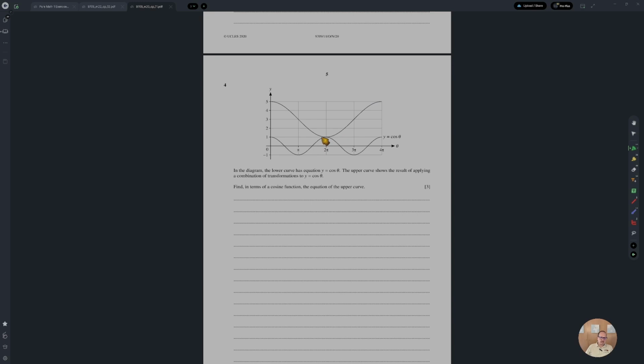Now, let's look at the range of y in the original function. It goes from -1 to 1, so you have a range of 2 units. Let's look at the range of the new function. It goes from 1 to 5, so it has a range of 4 units. So the range doubled. So you have a vertical stretch with scale factor 2, right?